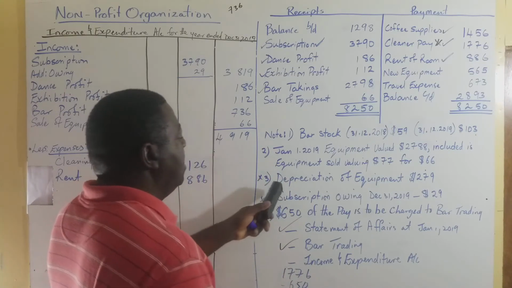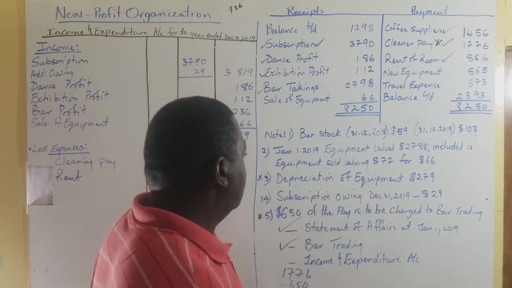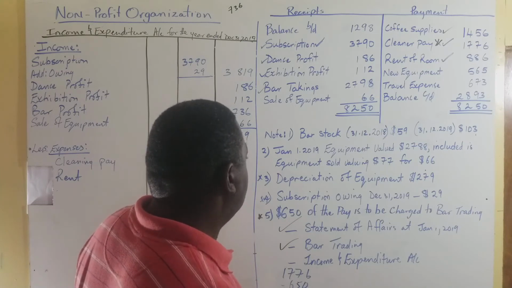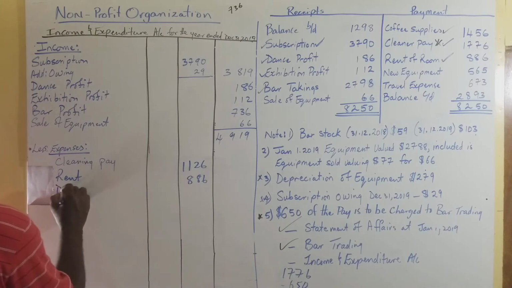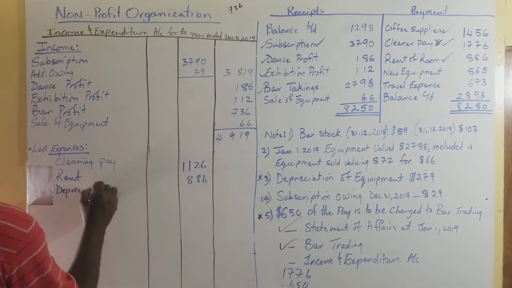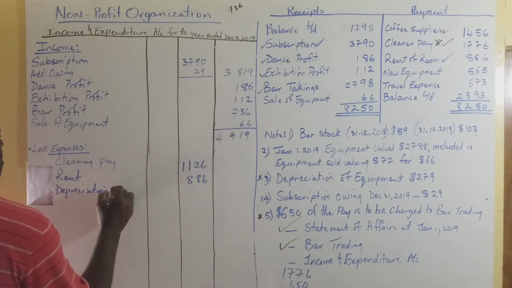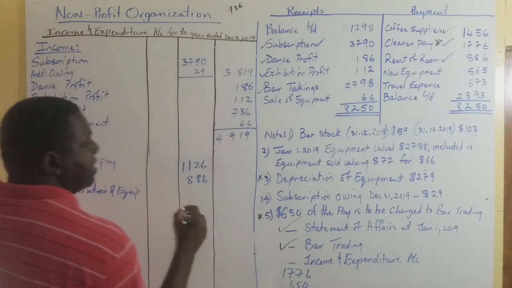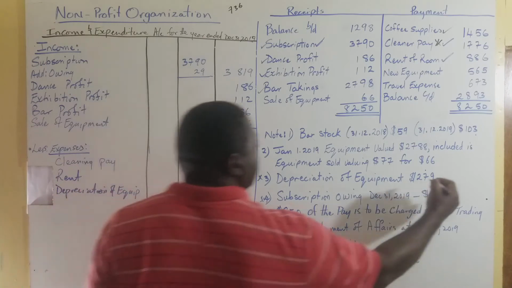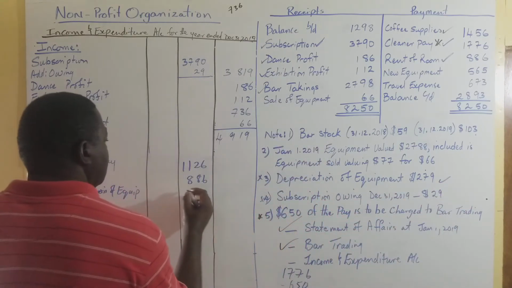They say that we're depreciating the equipment, and so we're going to write depreciation of equipment, and that is this figure here, 27.9.